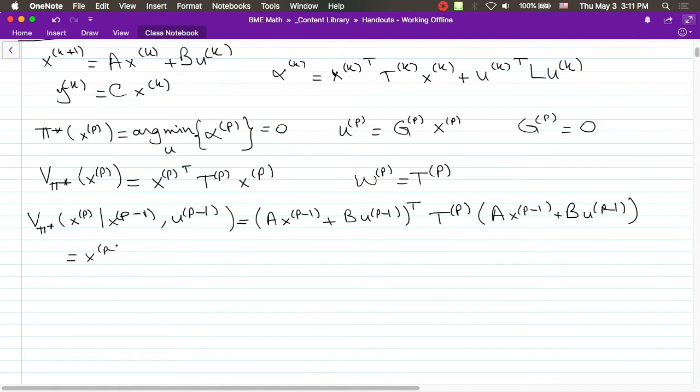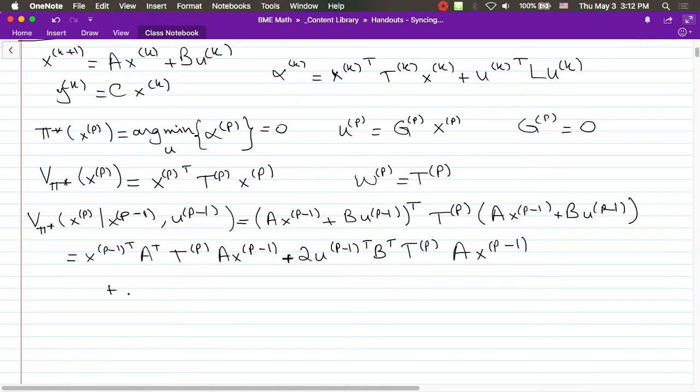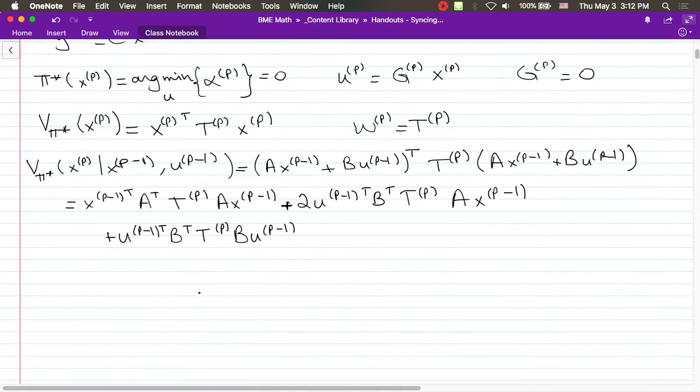So that's x of p minus 1 transpose A transpose T plus 2 times. Okay, so I just multiplied the quadratic form through.